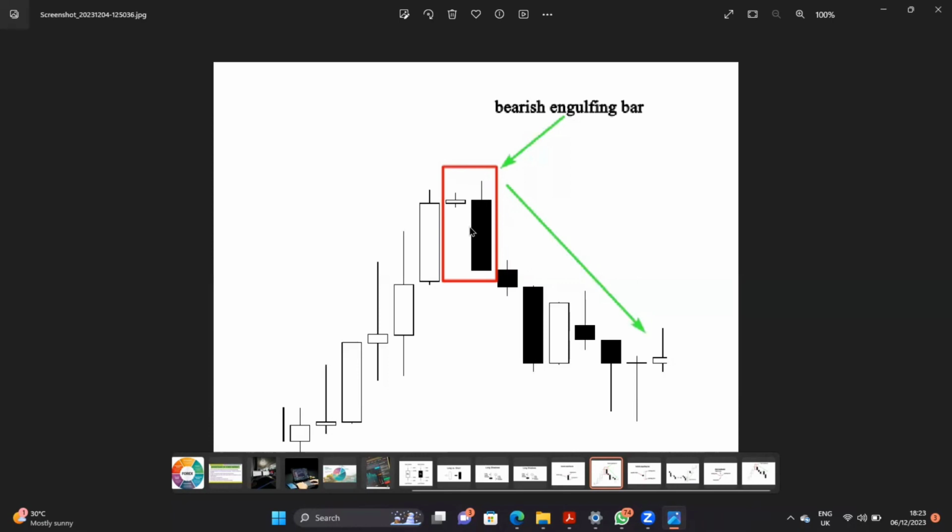So we have situations like this where we have the small candle and the full-bodied candle. The first body of this engulfing is smaller. In other words, the second body engulfs the previous one. This is an example of what we will show.